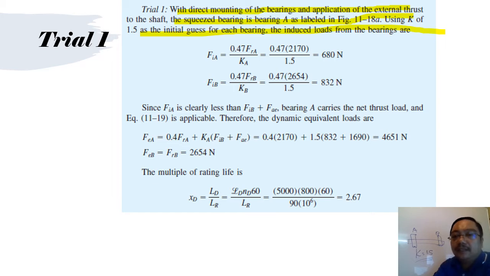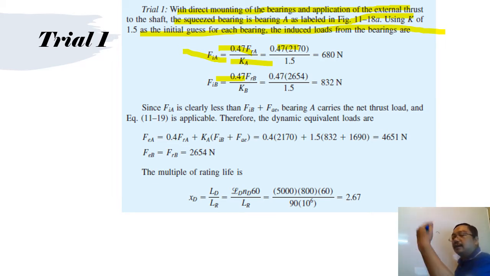So this is the induced load from bearing A, FiA, which is 0.47 FrA per KA. The 0.47 comes from the Timken suggestion. If you are using a Timken bearing, you should use 0.47 as the value to replace the value of XV. Remember in the earlier pages of the slide, XV is replaced with 0.4. There is table 11.1, if I'm not mistaken.